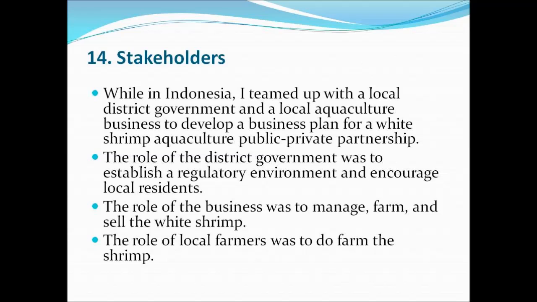Okay. And so, as I mentioned, this was intensive white shrimp aquaculture ponds. This was the local business that I teamed up with. They had already established their own intensive white shrimp aquaculture ponds at a separate location.